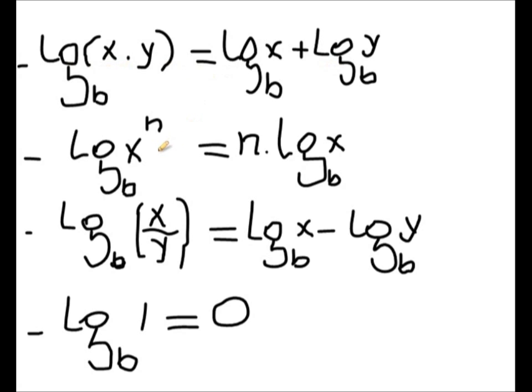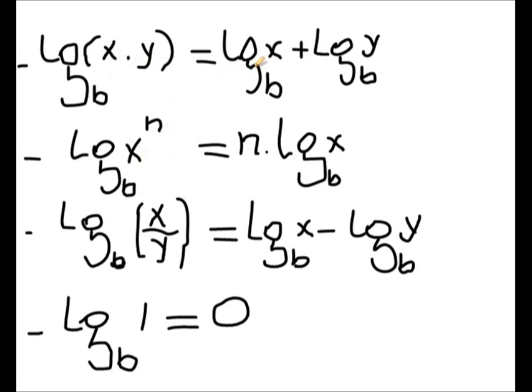What about this property? They say log base b of x to the power of n equals n times log of x. In fact, this property can be explained with this one. If I have x times x times x, that's when you have x to the power of n, x by itself a number of times.